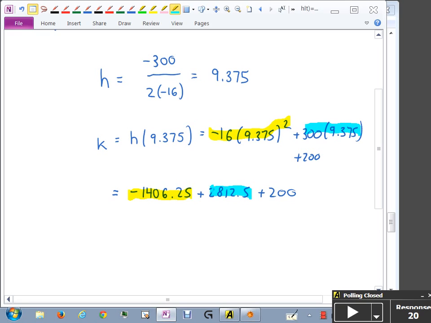So put it all together. I'm getting 1606. Anyone else getting that? 1606.25? 1606.25. All right, now let's try and answer these first two questions.